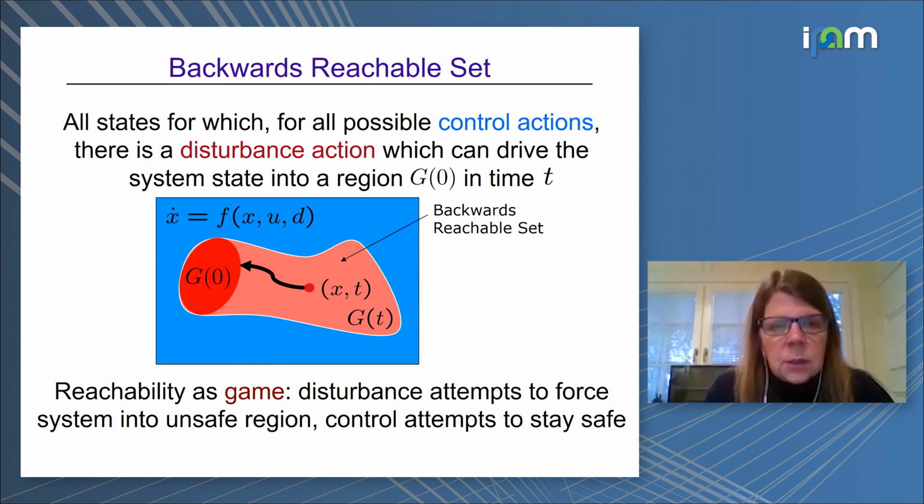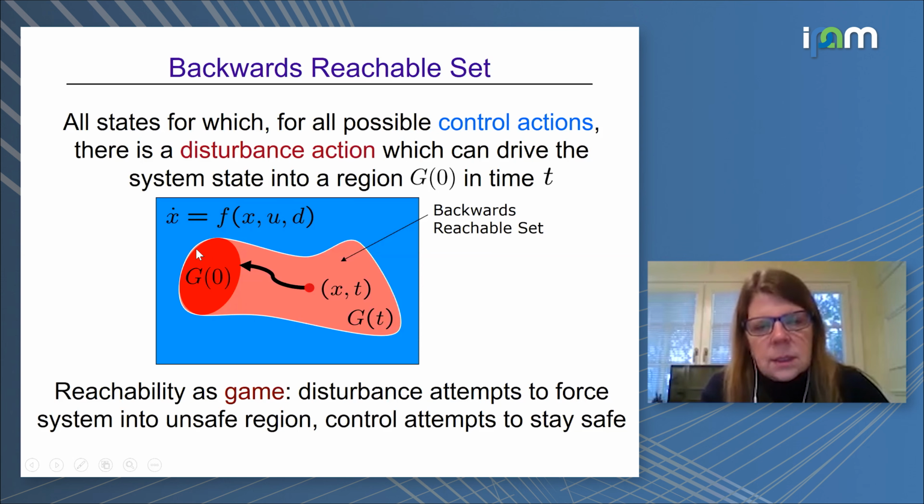So then, in terms of what this backwards reachable set is, given the initial data, which is described here as this set G at time 0, pictured in this stylistic diagram as an ellipse, it represents some set, for example, a set of states that you don't want the system to get into.